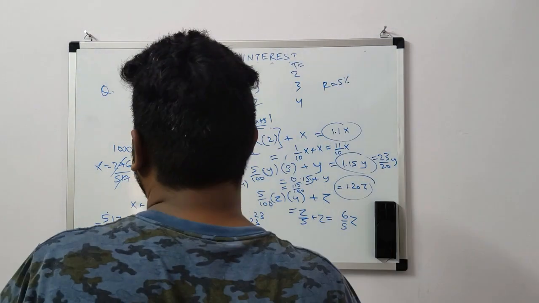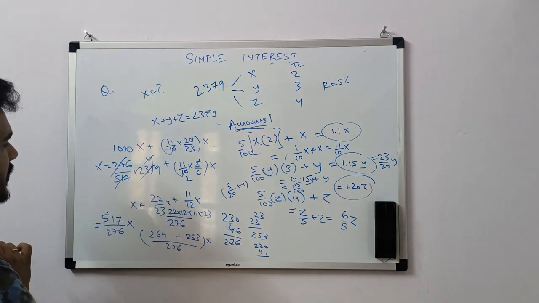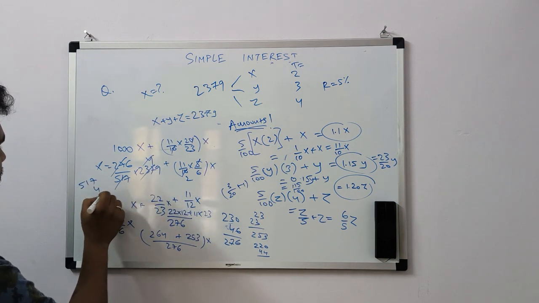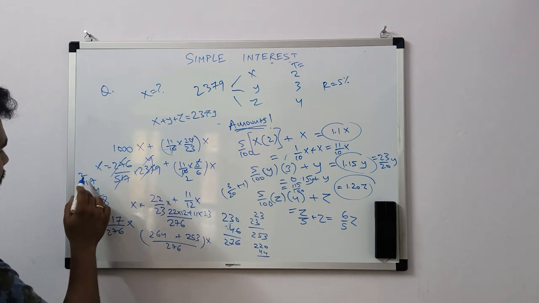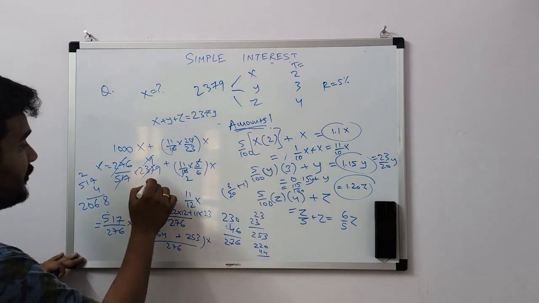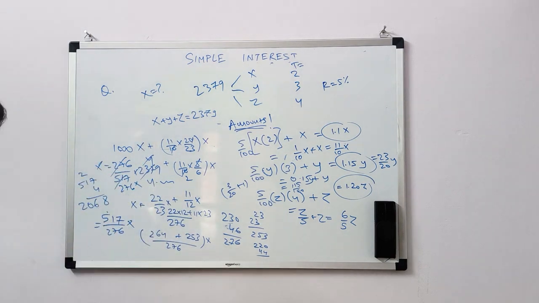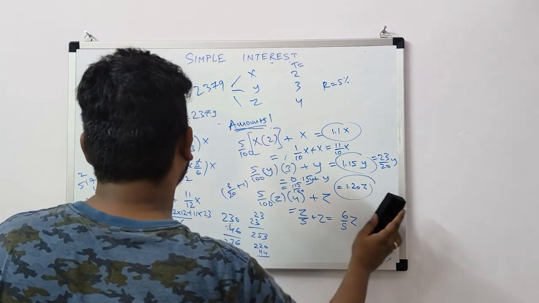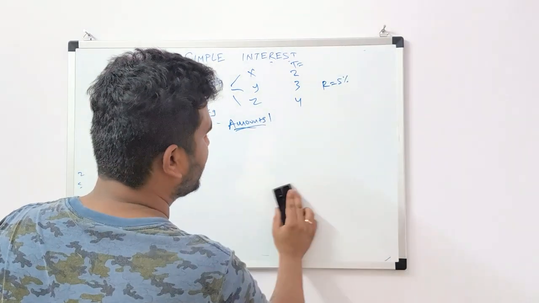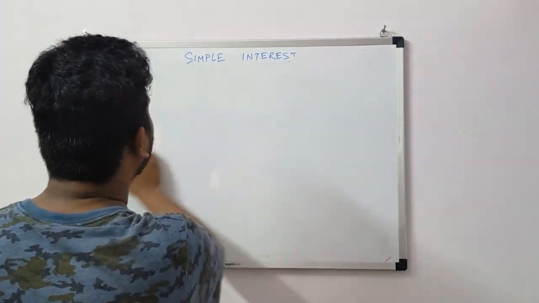We need to calculate it in exact terms so that we get there. So 5 and 7 into 4, 7, 14, 21, 28. So this is actually 4 point something. This is above 1000. I don't have an option above 1000, so I'll leave it here. We have kind of wasted time on this question, so you should know when to give up, when to not go further. It's not worth it.